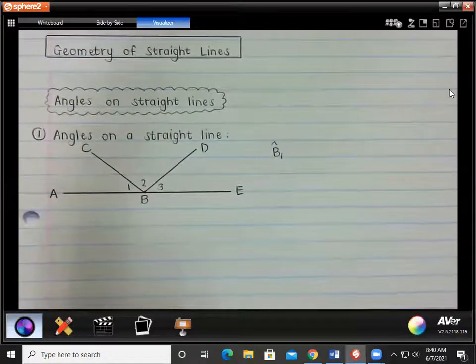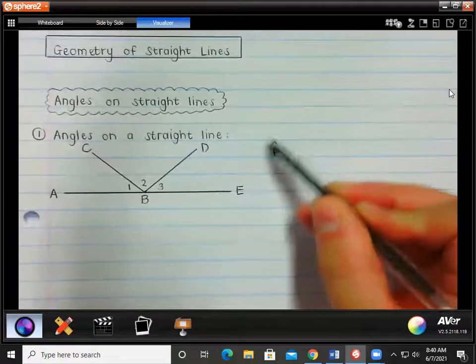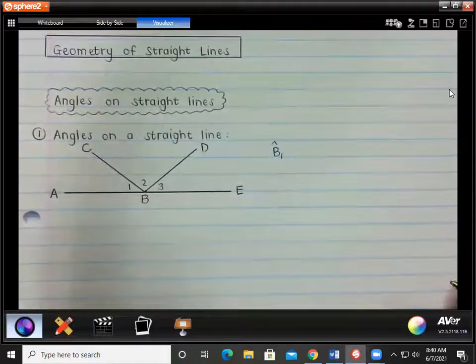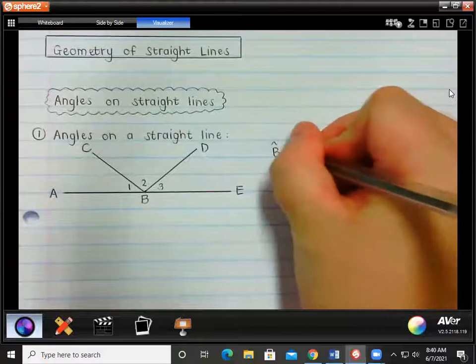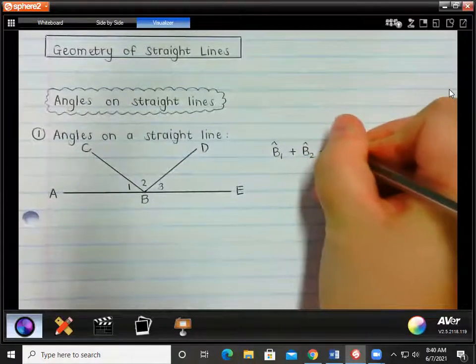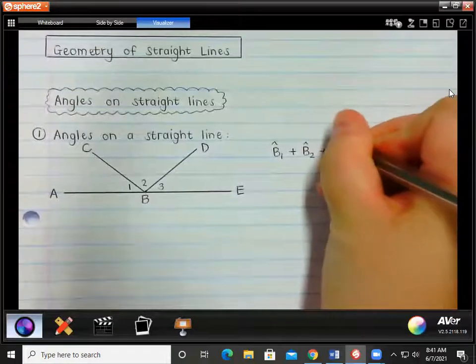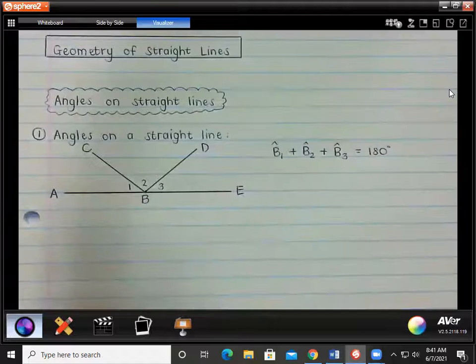All right, so it's not next to the B, it's kind of at the bottom of it. And then you have to put that little cuppy thing to show that it's an angle. All right, so angle B1 plus B2 plus B3 must add up to 180 degrees. Okay, that is a rule that you need to remember and that you need to be able to apply.